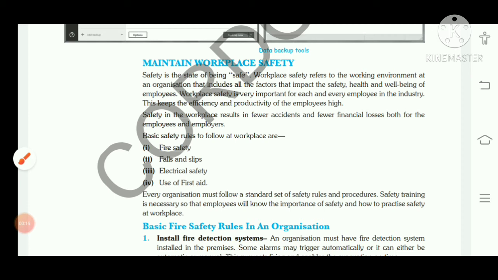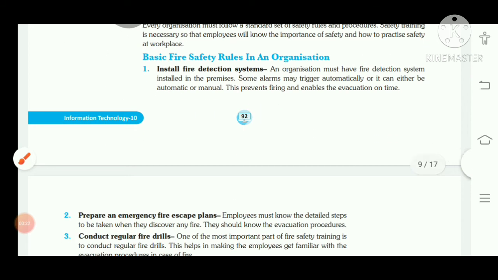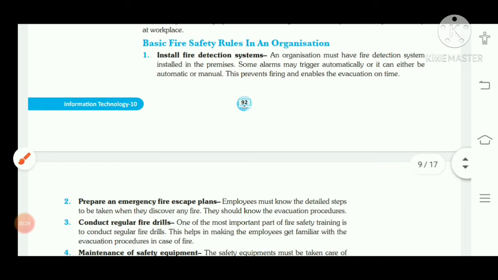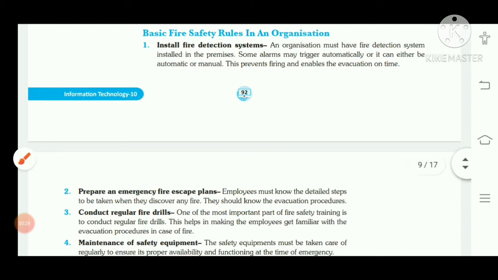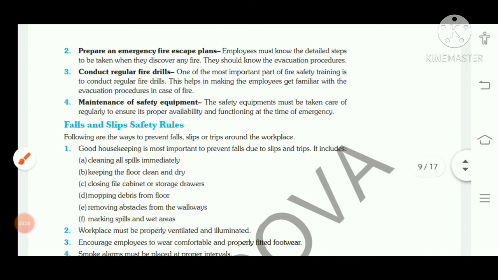Certain rules regarding fire safety, fall and slip safety, electrical safety, and how we can give first aid to the victim. The basic fire safety rules that we must all be aware of: install a fire detection alarm, prepare one emergency escape plan if something happens, and conduct regular fire drills so that we know how to tackle that situation.